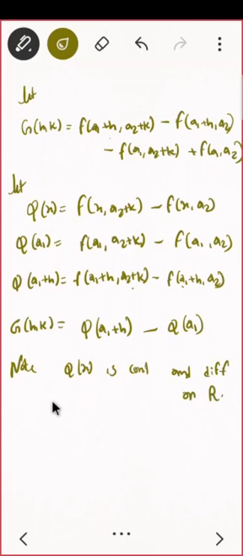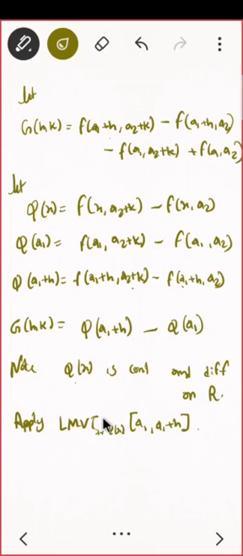Note phi of x is continuous and differentiable on R. So if your function is continuous and differentiable on R, can I apply the Lagrange mean value theorem, LMVT, in the interval [e1, e1 plus h]? In this interval, I want to apply LMVT to phi of x.